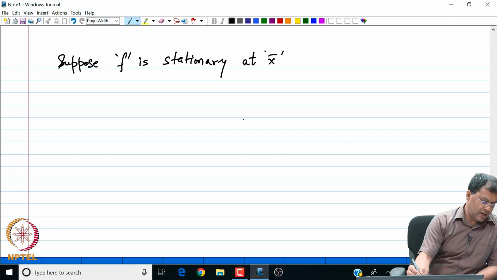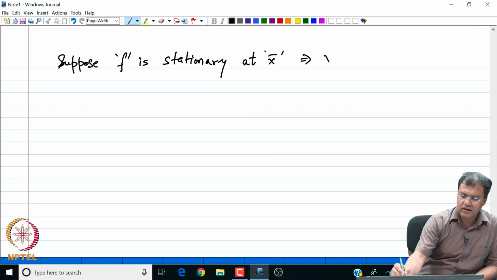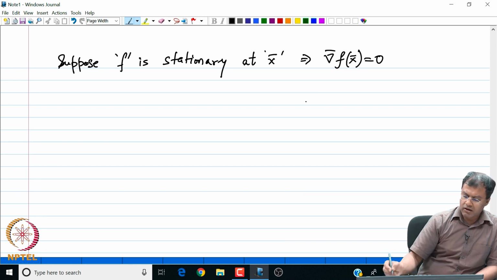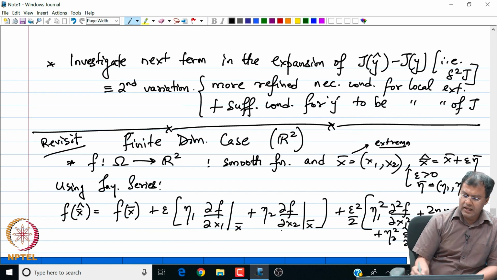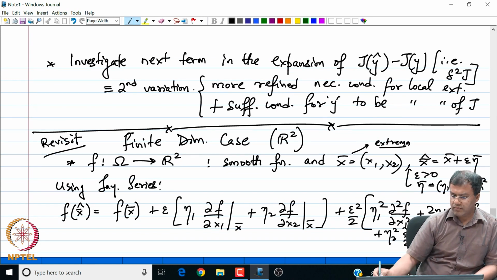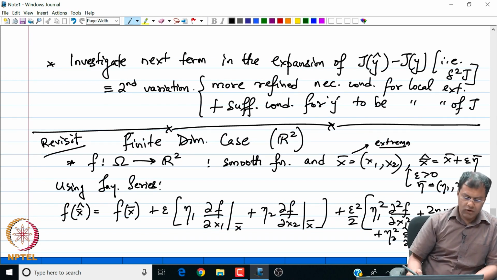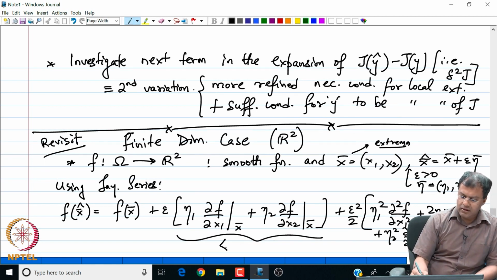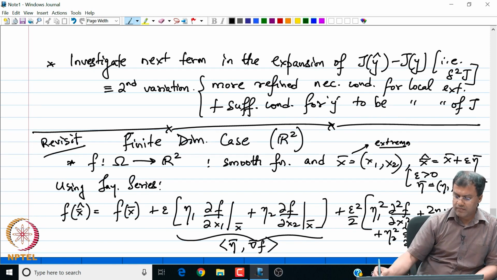Then it means that the gradient of f evaluated at x bar will be 0, or my linear term, the order epsilon term in my Taylor series, is set equal to 0. Can we set it equal to 0? Because this is nothing but the inner product of eta with grad f. When grad f is 0, this term will be 0.